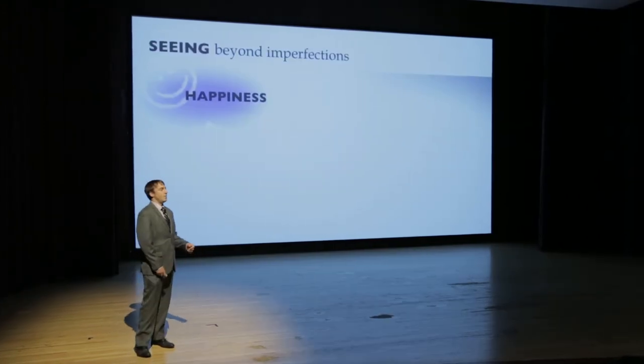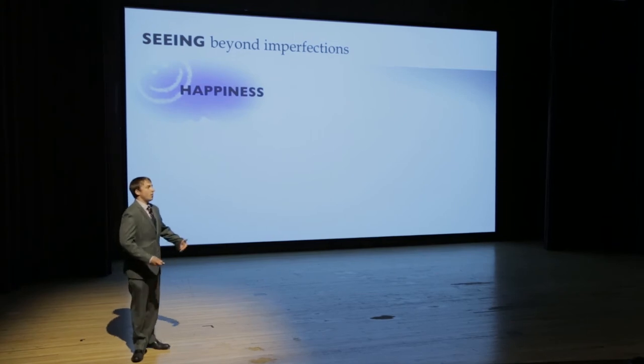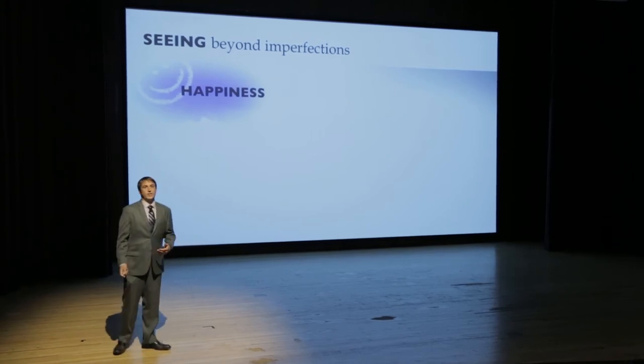Well, let's back up here. Remember, I said this is all about seeing beyond the imperfection. And in one sense, this is just a general definition for happiness in life. You can't possibly be happy if you can't look beyond the imperfection. But what I want to leave you with is this idea of what seeing beyond imperfection means for material scientists.